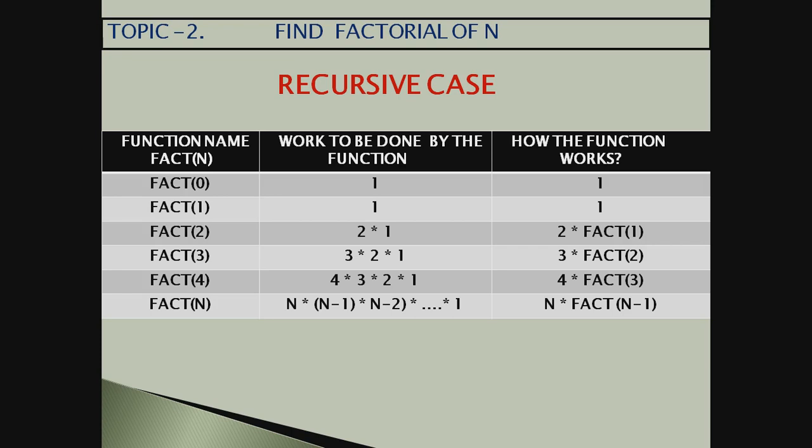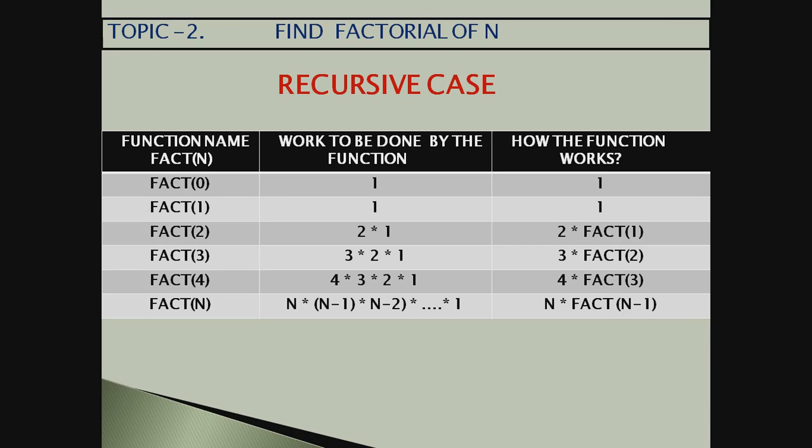Fact 2 when called, is going to call fact 1. Fact 1 would complete first, then fact 2 would complete its work, and then fact 3 would complete its work and give the result 6. So I think you have understood how the fact function is working, and it is working with the help of a stack.